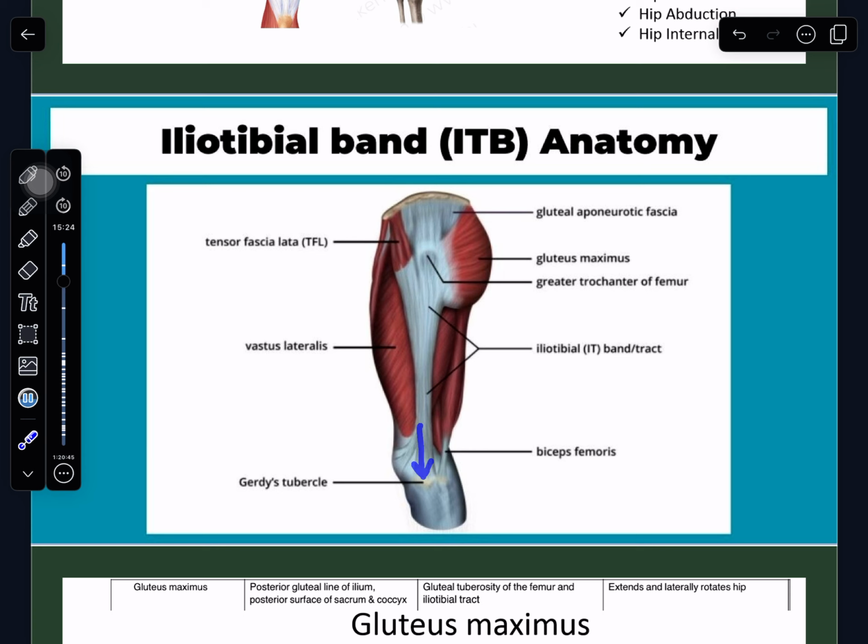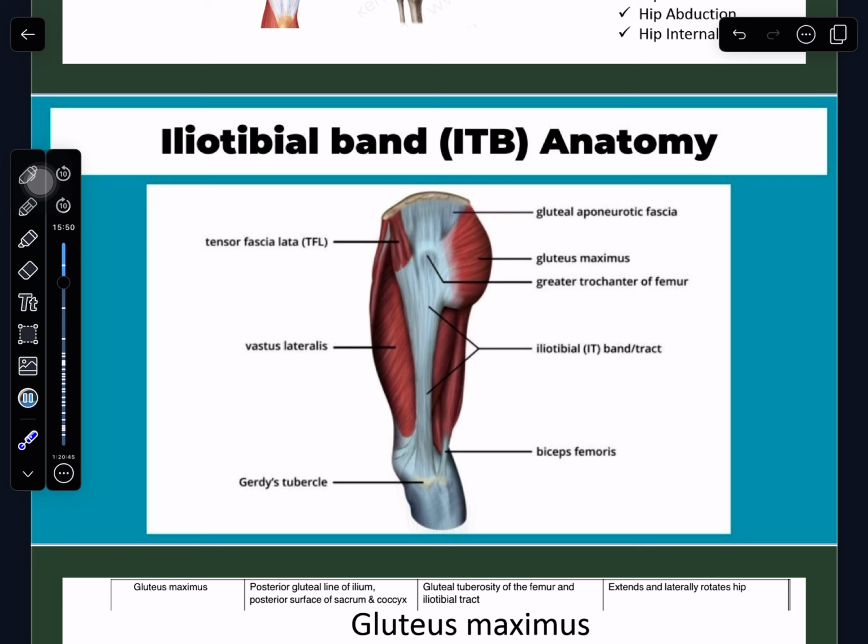And the tensor fasciae latae, which is separate from this tendon technically, even though it's an extension of this tendon, I don't want you guys to get the impression that these two terms are interchangeable. That tendon is called the IT band, right? The iliotibial band. IT band is usually the more commonly used nomenclature in the field.